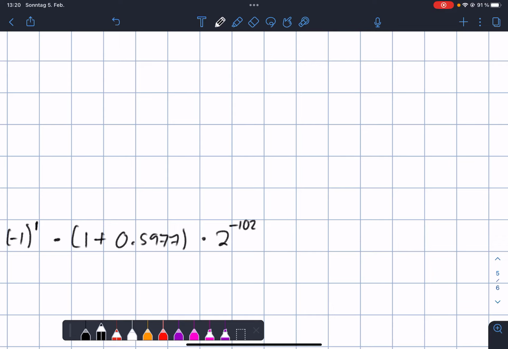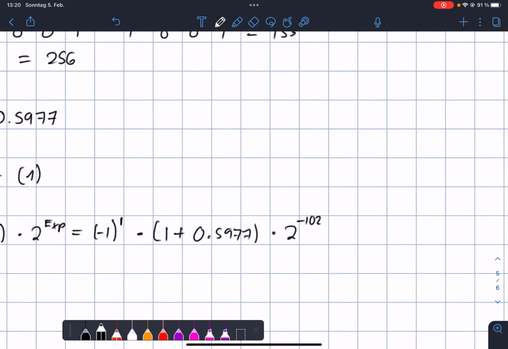We're basically going to get the following. You put this in the calculator, we get -1 to the 1 times 1 plus 0.5977 times 2 to the minus 102.